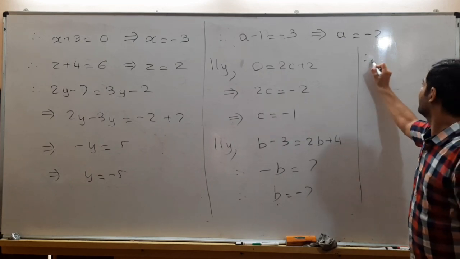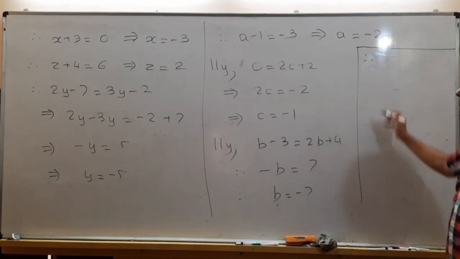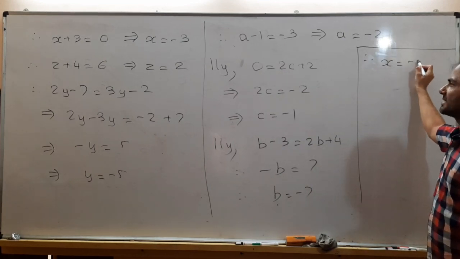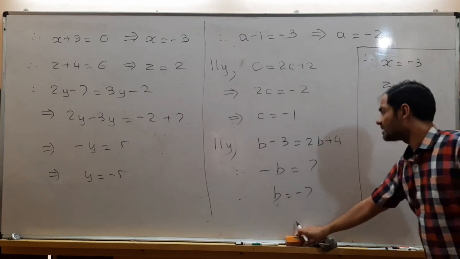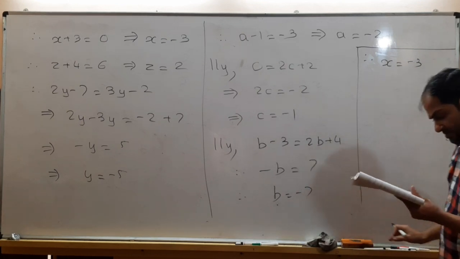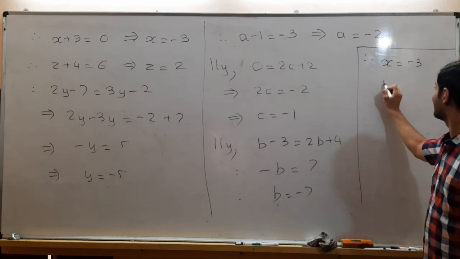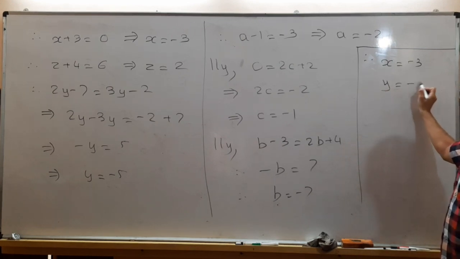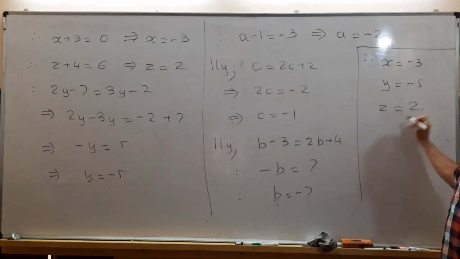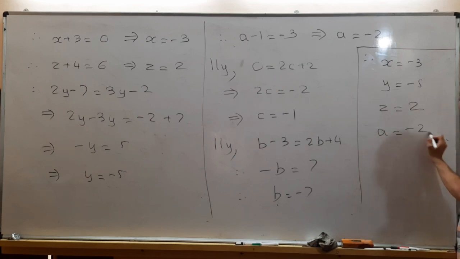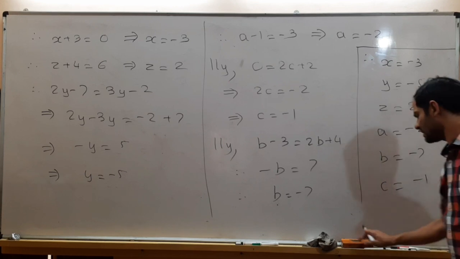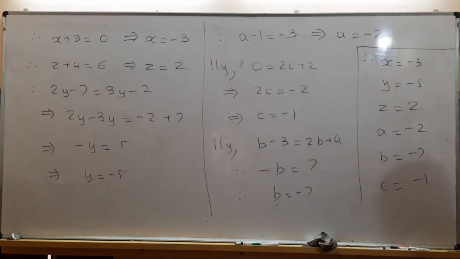So finally we end up writing all the values of the variables which were asked. x is minus 3, y is minus 5, z is 2, a is minus 2, b is minus 7, c is minus 1. Relatively very easy, not tough.